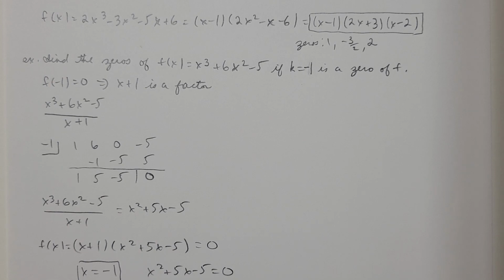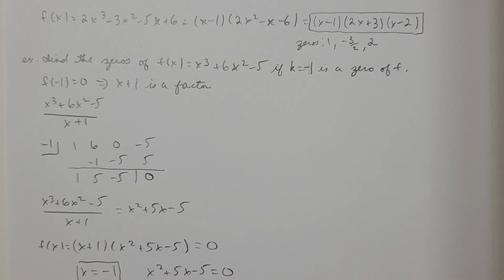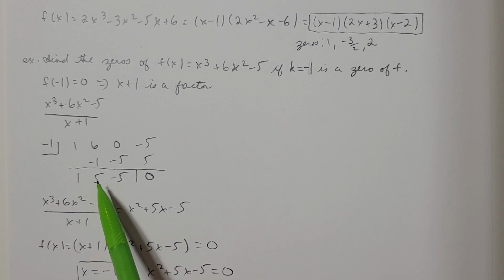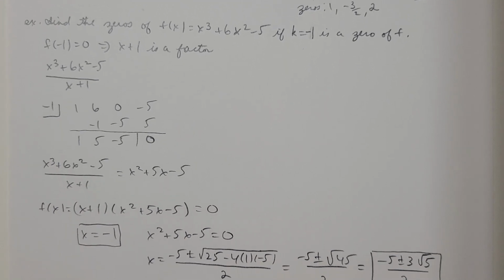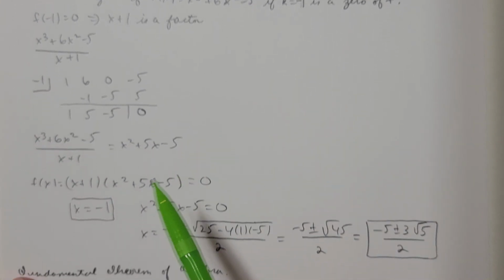Okay? So we are more interested in what is to the left of 0. So if I divide these two expressions, take x cubed plus 6x squared minus 5 over x plus 1, I get x squared plus 5x minus 5. Okay? And let's see. So I want to find the zeros of f.